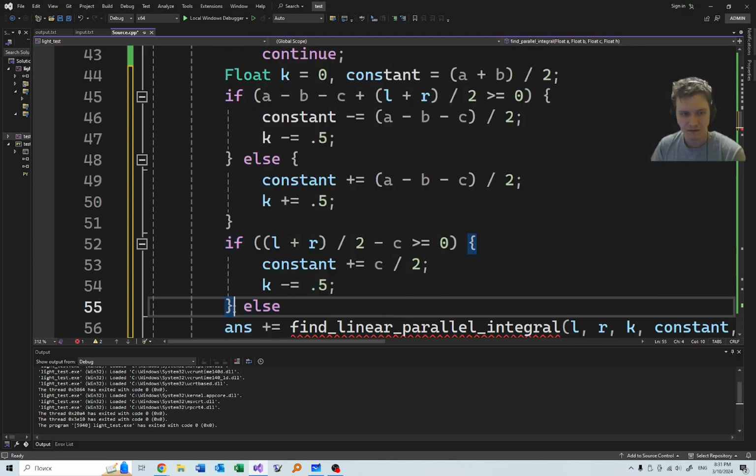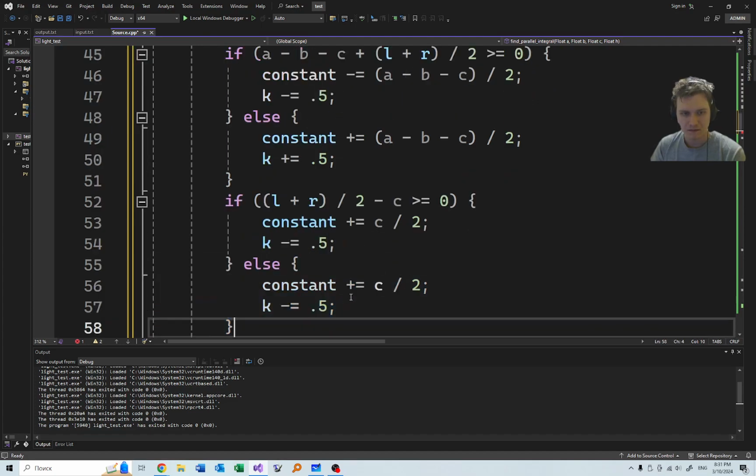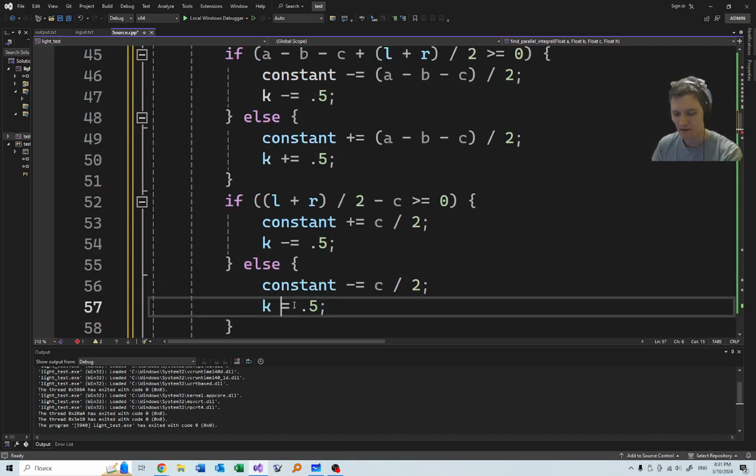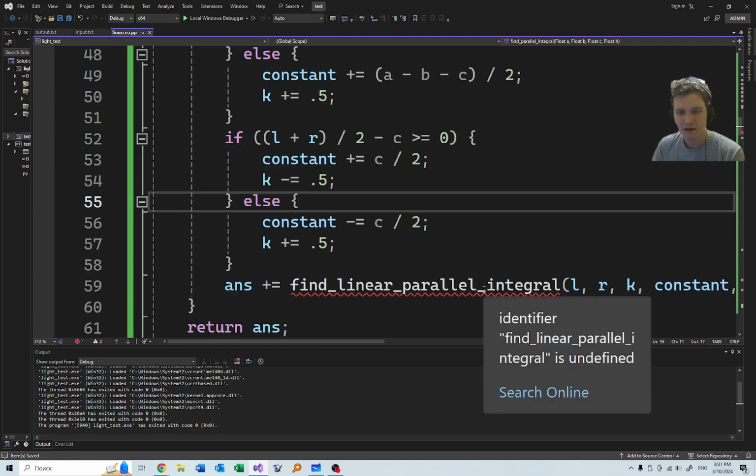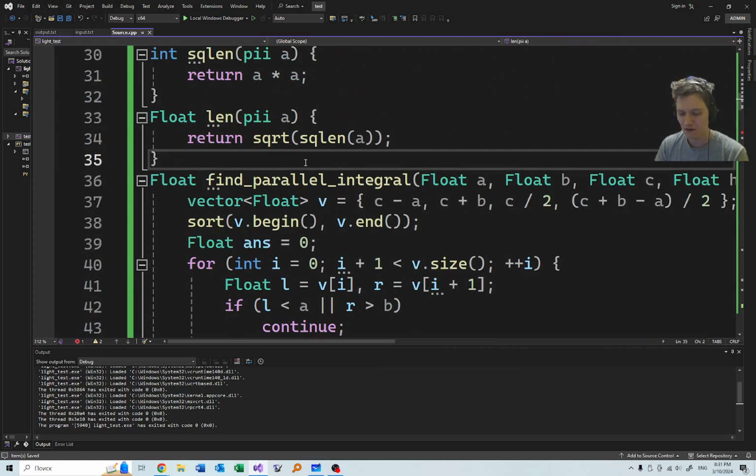Else minus and plus. Okay, and then we need to find parallel integral.